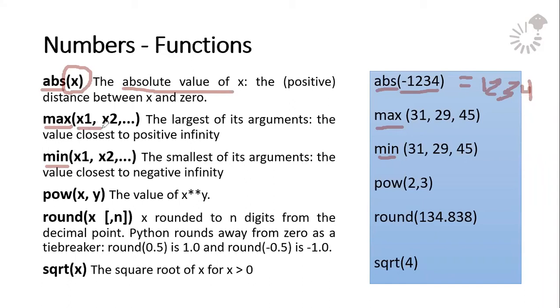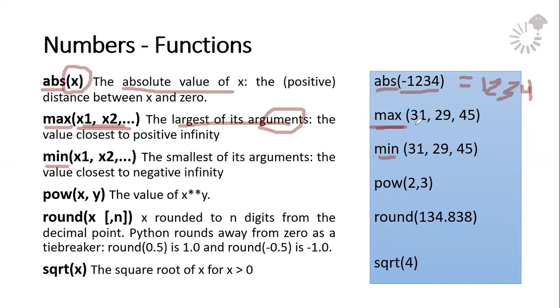Next example, this one, we have x1, x2, and dot, dot, dot, or ellipsis. Ibig sabihin, you can pass multiple values, maraming values of x. Like in my example, nagpasa ako sa kanya tatlong values, 39, 29, 45. And ang function or ang ginagawa ng max is to get the largest of its arguments. When we say arguments, these are the values submitted.